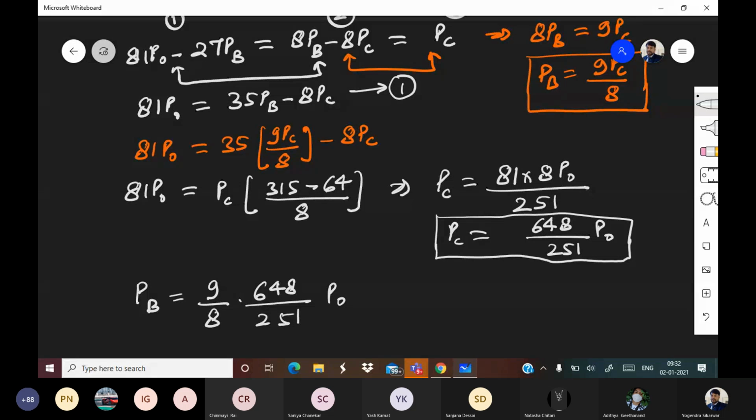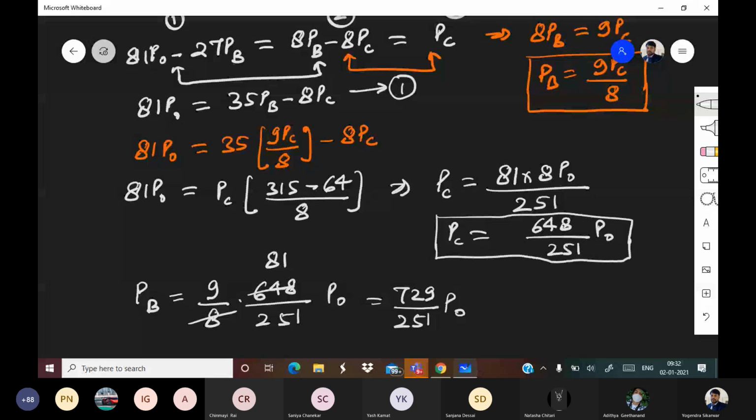So 648, basically that will be 81, right? So 81 into 9. 81 into 9, and that is 729 upon 251 P naught. Okay.